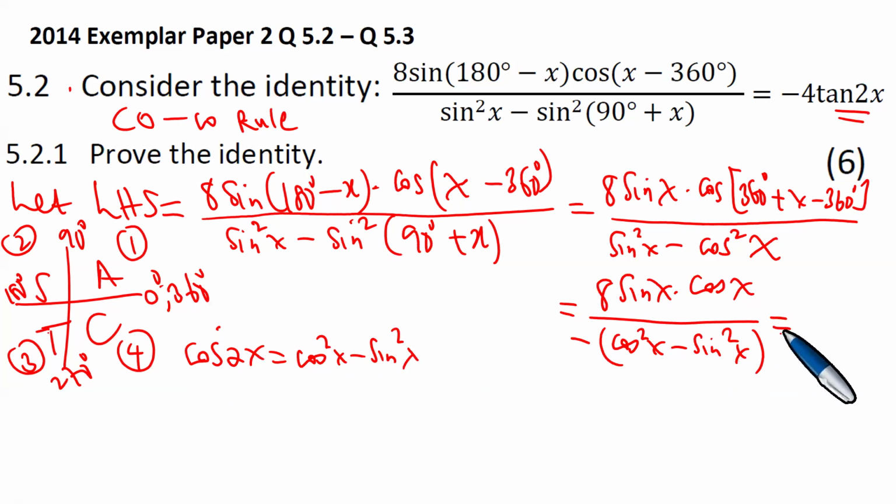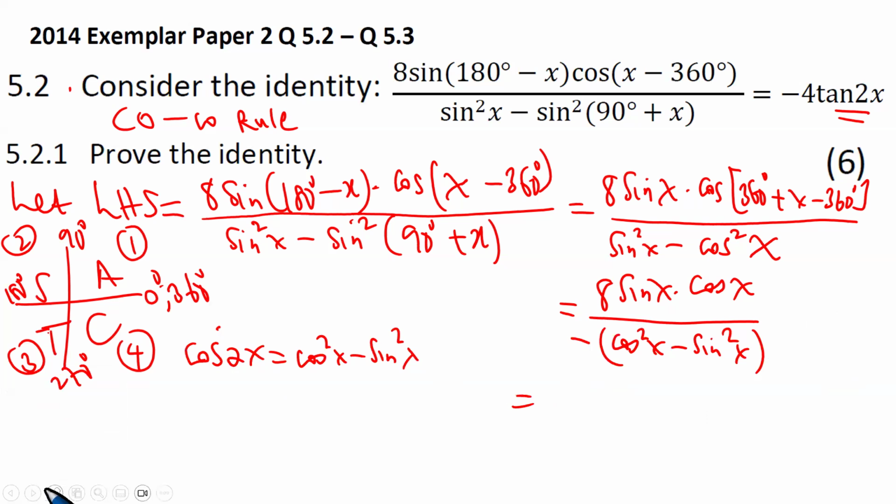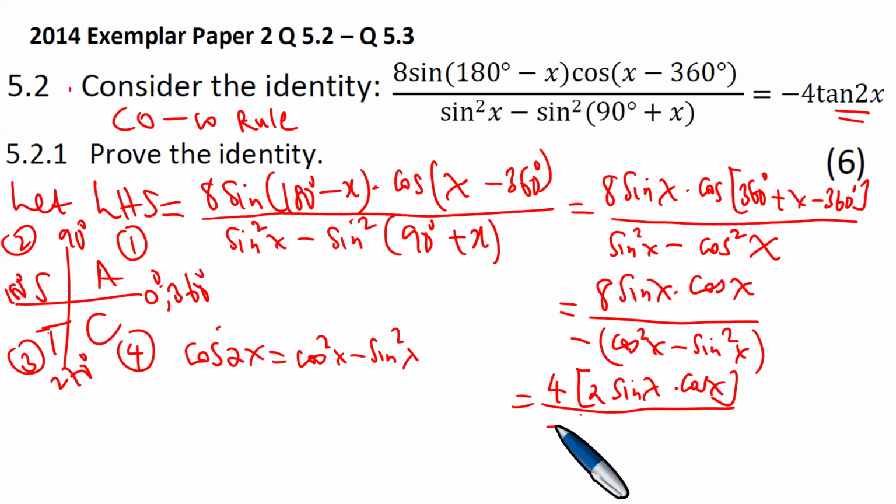So we would have exactly 8. Let's have exactly 4. Just pull out a factor of 4 from the number 8. If you factor 4 from the number 8, you then have 2 sine x times cosine x, and you divide by negative.